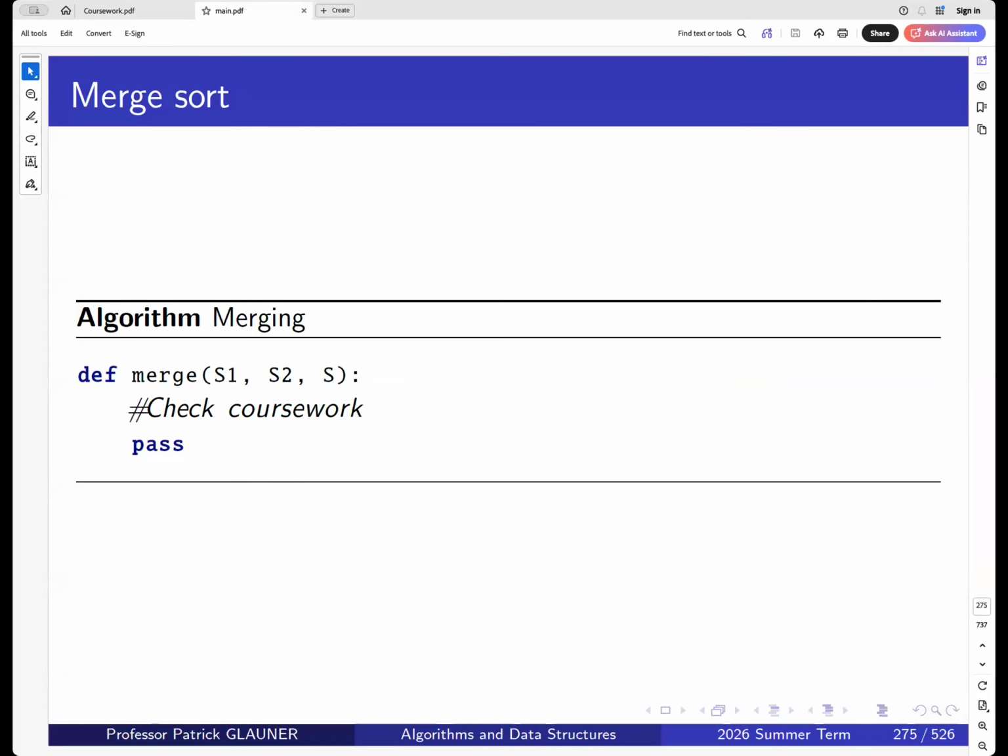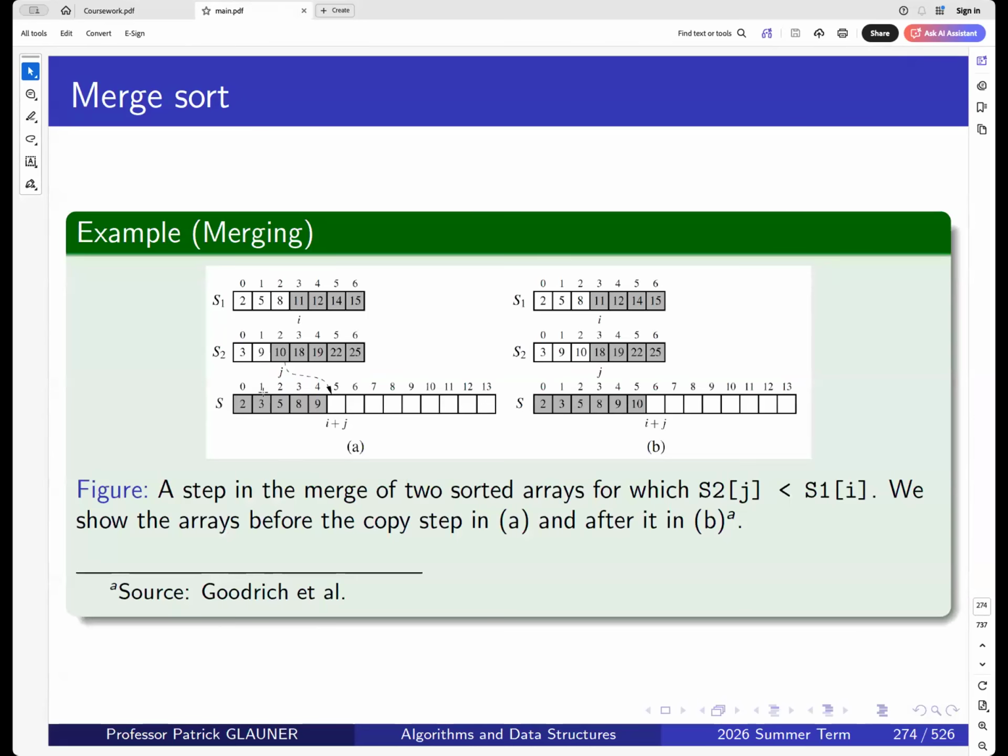I've just copied it here, and it's probably less than around 10 lines of code. Just implementing this one here, you have an index i pointing to S1, an index j pointing to S2, and you write in S at index i plus j.